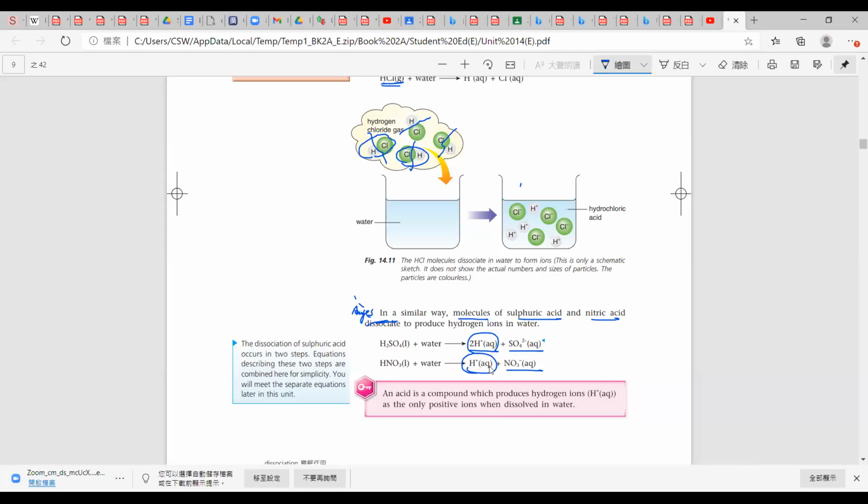Can you get a point? So, what is the role of water in this case? Water helps dissolve the acid, right? Point number one. And what is the other role?